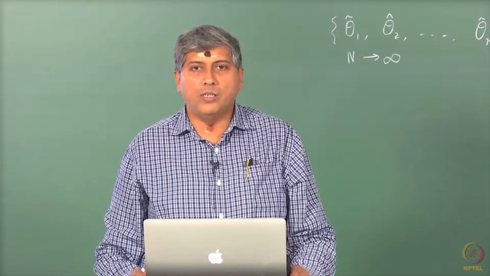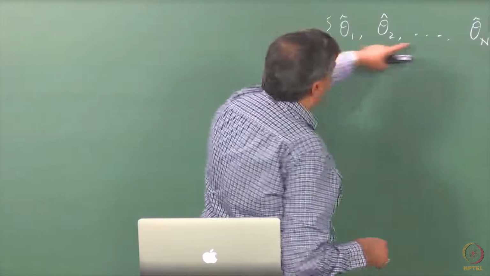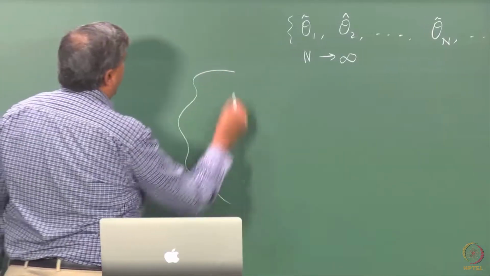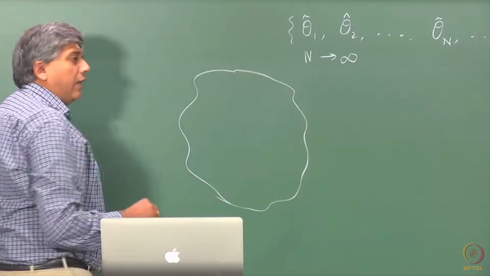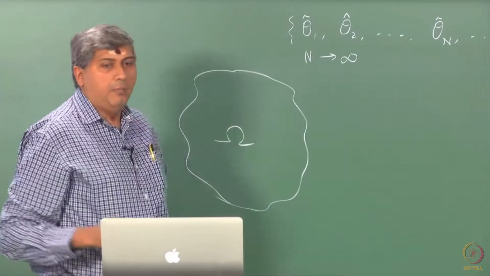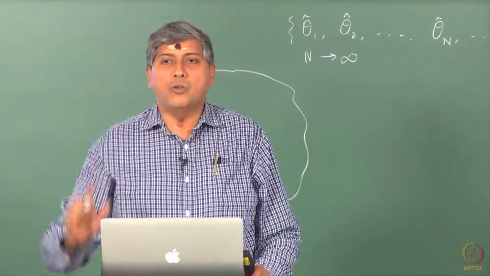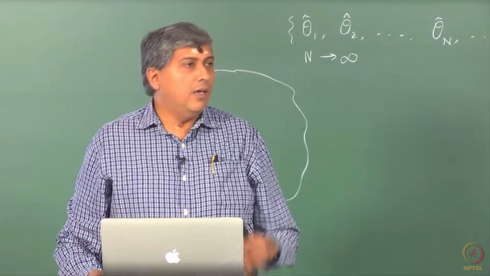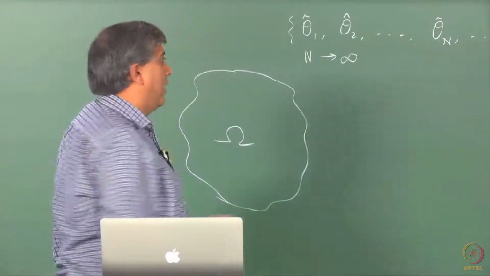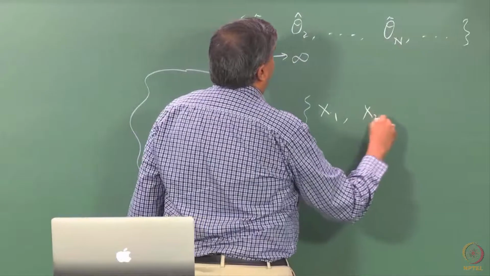Regardless of the form of convergence, what we are actually looking at is different possible sequences. Imagine that this is your experimental space, denoted by big omega, where every point in omega corresponds to an experiment. In general, we say that this is a sample space of all possibilities that generates some sequence of random variables x1, x2 and so on.